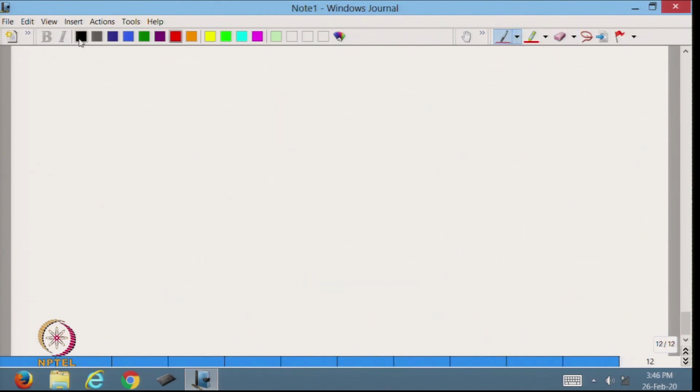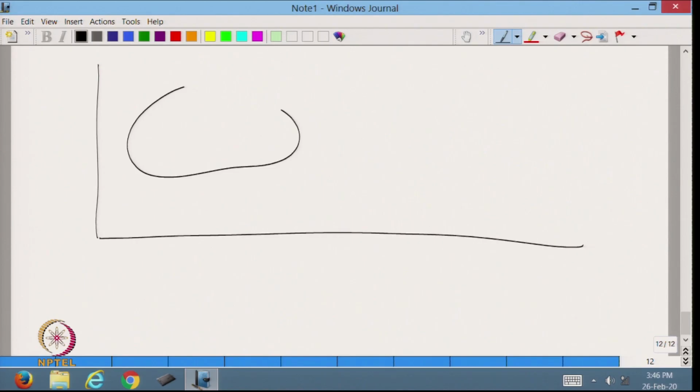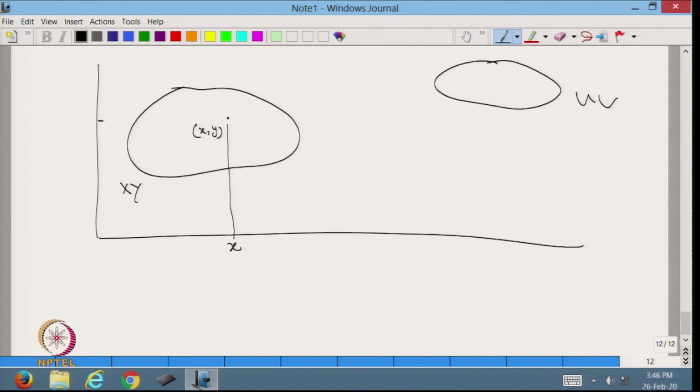So, pictorially let us draw this. Suppose this is the xy plane and suppose this is the uv plane. We have a point xy, therefore, this is the coordinate x and this is the coordinate y.